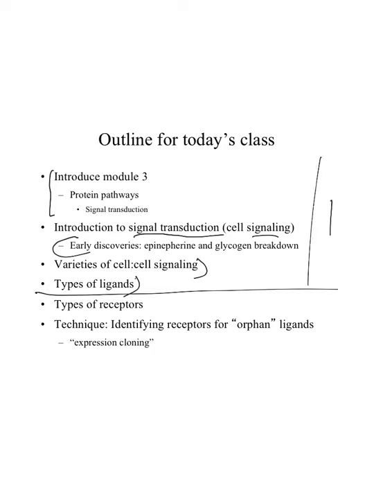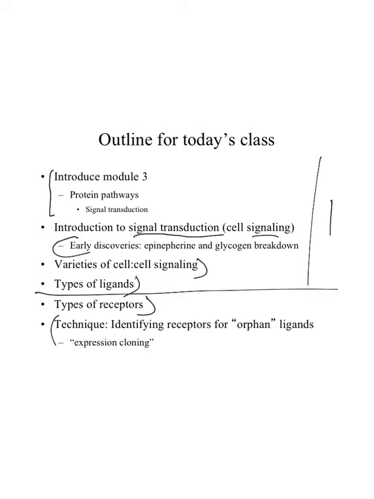So this is part 1 of my lecture today. In part 2, we will turn our attention to the types of receptors. We're covering the major types. And then I want to spend a good bit of time at the end of part 2 talking about a particular technique for identifying receptors for so-called orphan ligands.